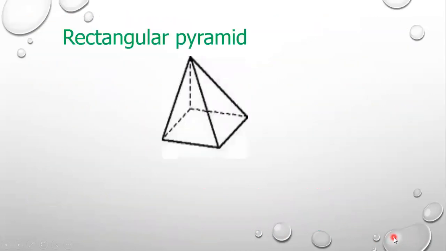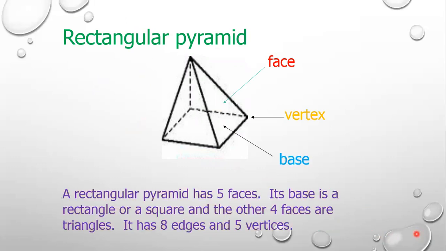If we look at the pyramids, we're going to start by looking at this pyramid here. This is what we call a rectangular pyramid. They are also named depending on what type of base they have. You can see where the face is for a rectangular pyramid. You can see where the vertex is, and the base is a rectangle, or the base is rectangular.